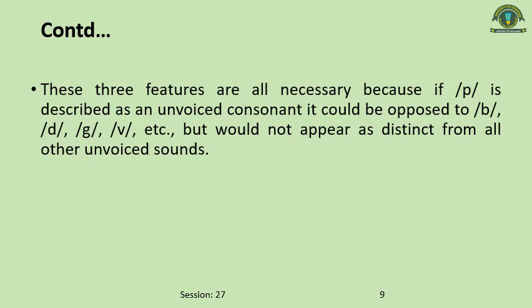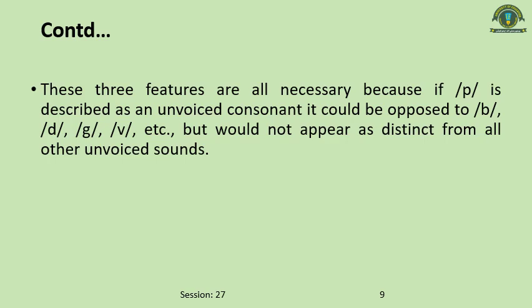Well, remember these three features are all necessary, because if p is described as an unvoiced consonant, it could be opposed to b, d, g, v, etc., but would not appear as distinct from all other unvoiced sounds. There are certain other unvoiced sounds.